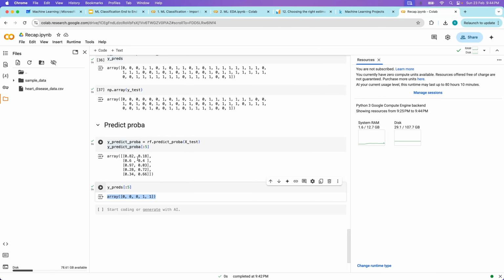For example, let's assume that in production your client says, anything which has less than 0.6 or 0.7 is low confidence for me, so I don't want the model to predict anything. Instead, I would like to return a message like, not confident enough to predict this one.